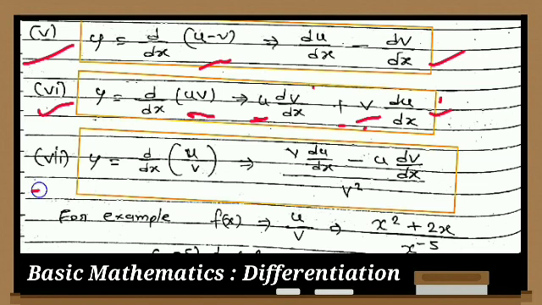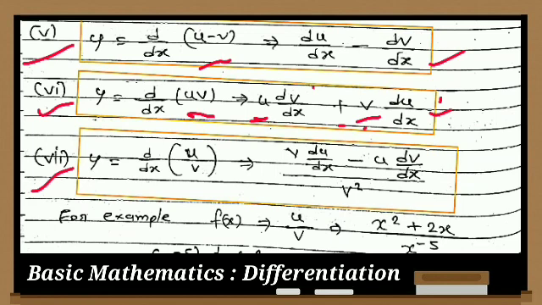Now we move forward. Seventh formula, y equals d upon dx of u upon v. In the fourth formula we saw the sum, u plus v. In the fifth formula we saw the difference, u minus v.